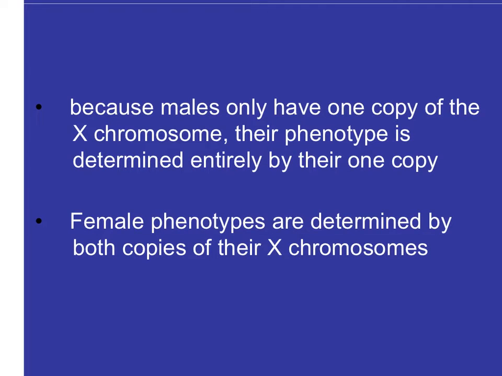Because they only have one copy of the X chromosome, their phenotype is determined by that one copy, whereas females have 2 copies of X chromosomes, so their phenotype is determined by both of those copies. You'll see what I mean in a moment when we get into some examples.